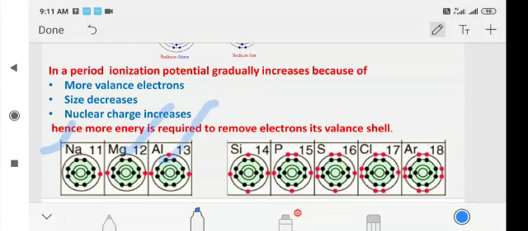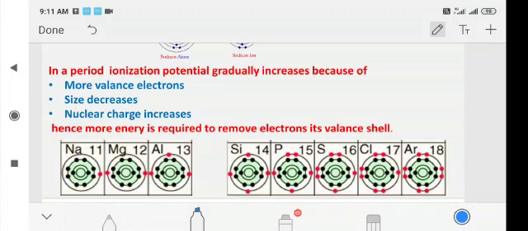Aluminum has 3 valence electrons, the last shell contains 3 electrons, which are in red color. So when you move across a period, these first 3 cases are metals, they are donors of electrons, they are ready to give electrons. Still, compared to sodium, aluminium finds it more difficult to donate electrons, because it needs to donate 3 electrons.